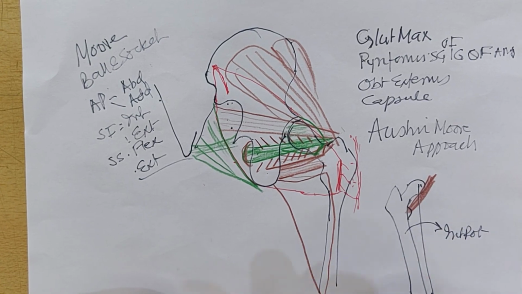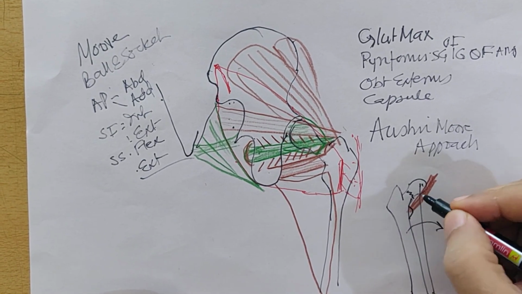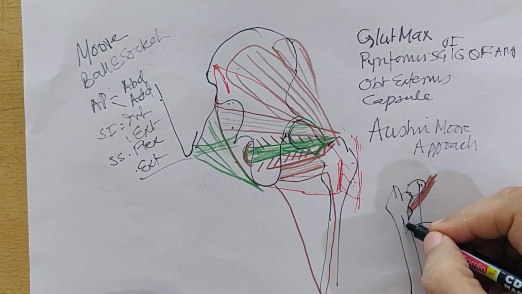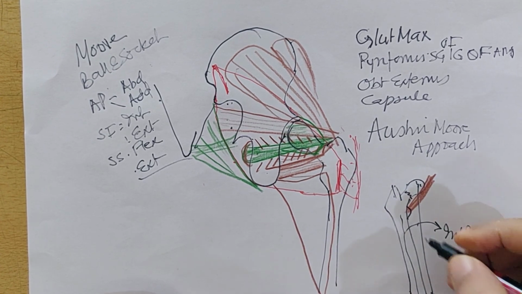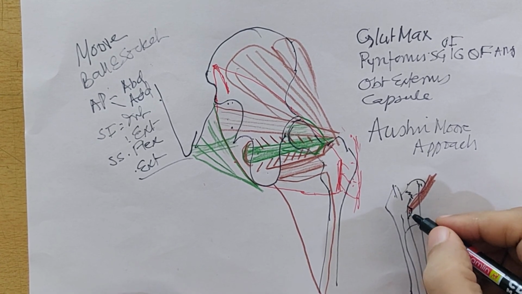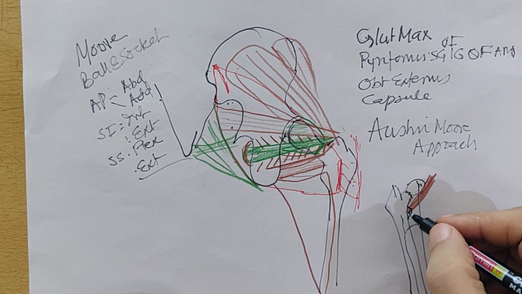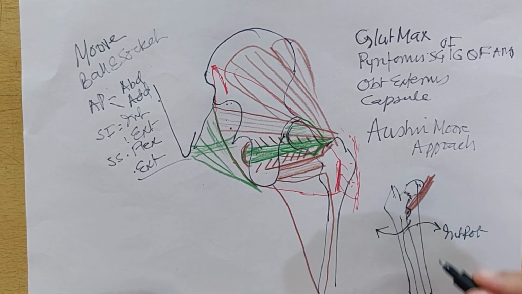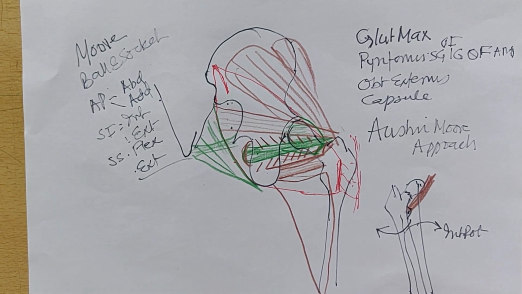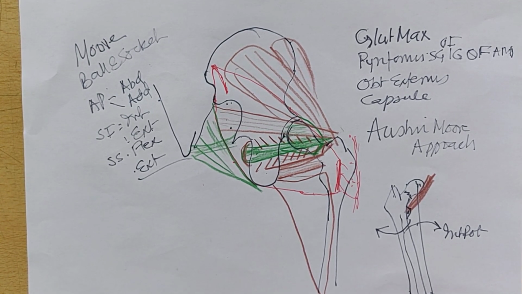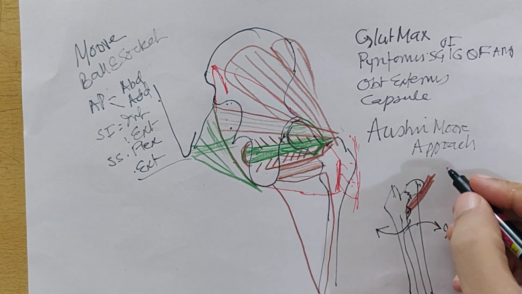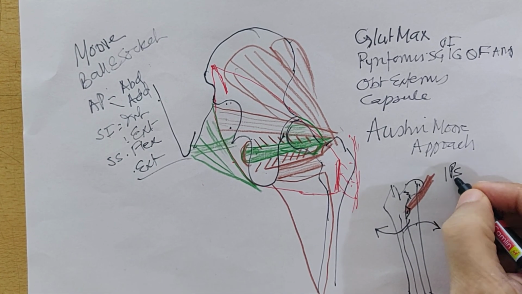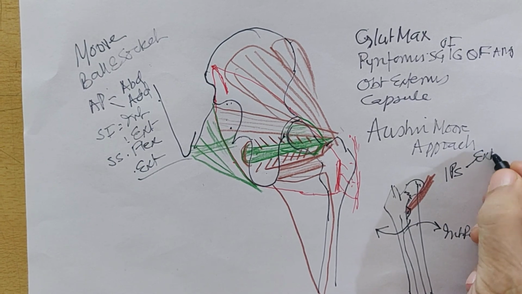But supposing there is a fracture neck of femur, then this axis would become the axis of the shaft, and since the iliopsoas is now inserted behind the axis, it will start externally rotating. So when the lever arm is lost, when the axis moves to the shaft of femur, iliopsoas is an external rotator.